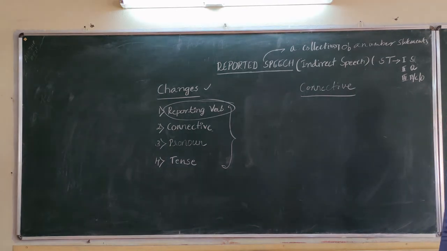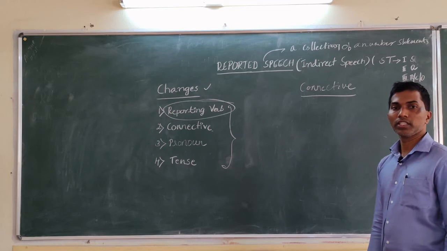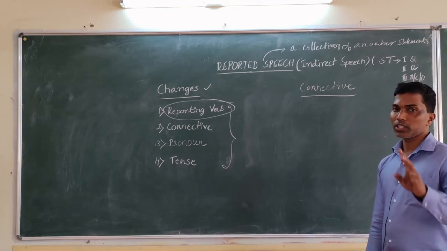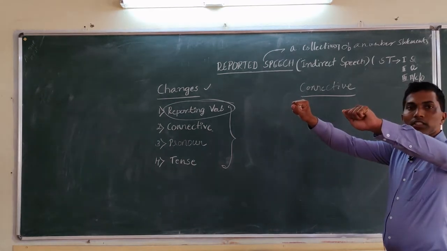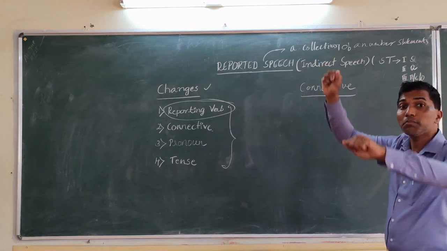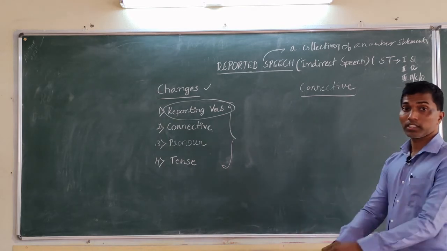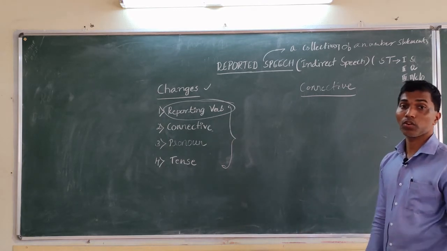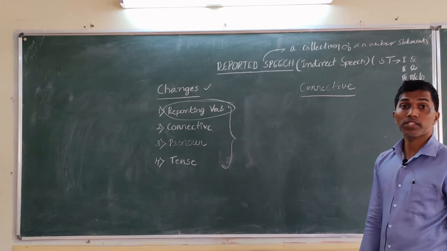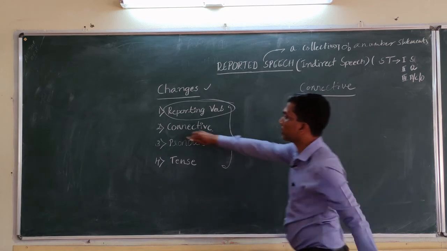We did discuss this in the last video, didn't we? When there are two things, there won't be two things in indirect speech. They are combined. That's where it's a collection of statements. So to combine two things, we need a connective.